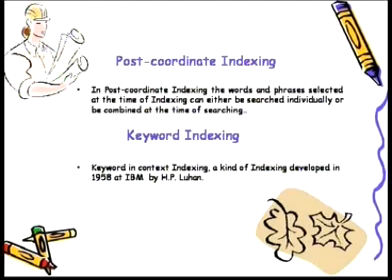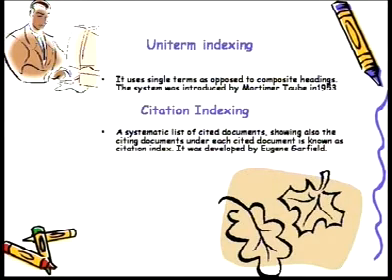Keyword indexing is context indexing, a kind of indexing developed in 1958 at IBM by H.P. Luhn. Here, significant words from the title or text of the work or works are used as headings.